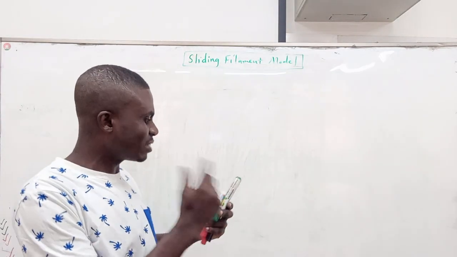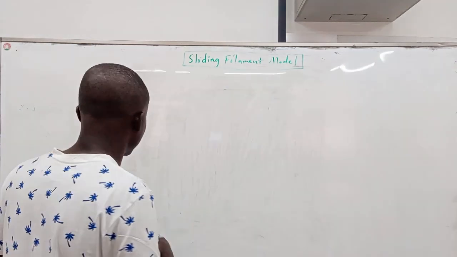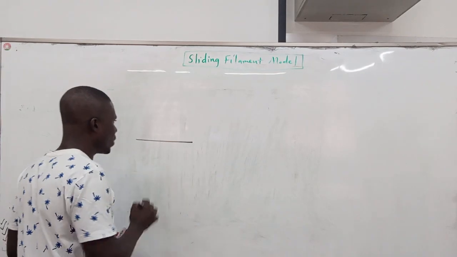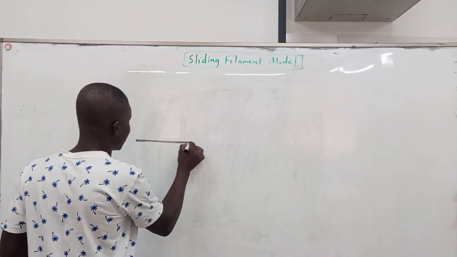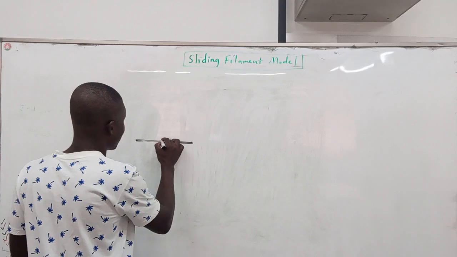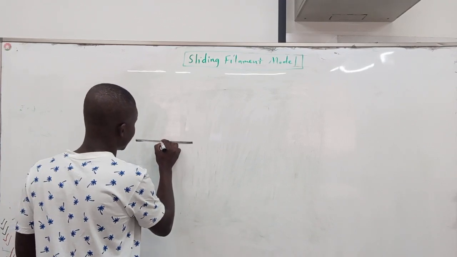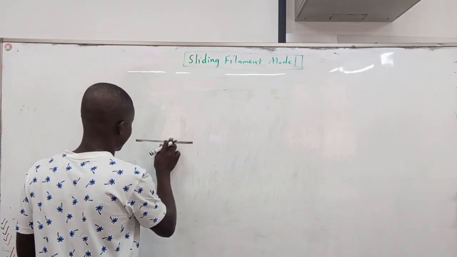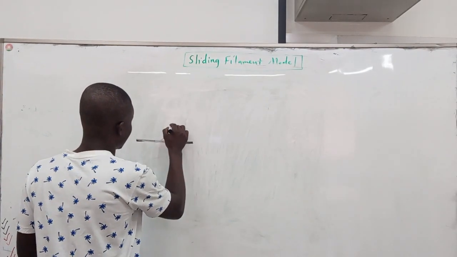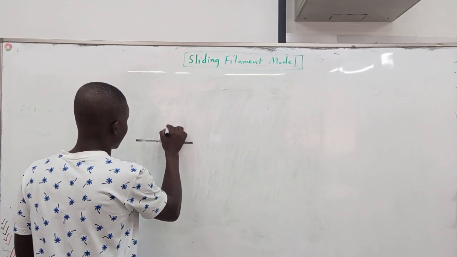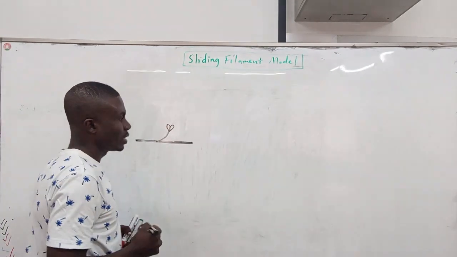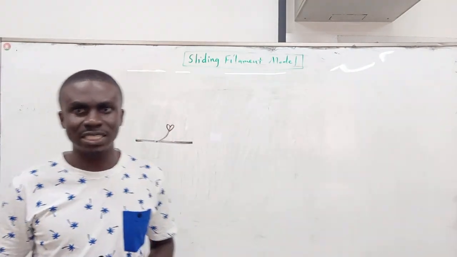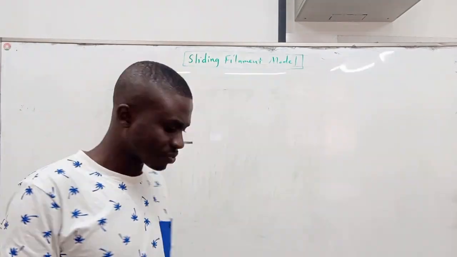So please just understand this concept. It is pretty simple. The first thing we want to say is that we will have this protein, and the protein we are talking about is myosin.